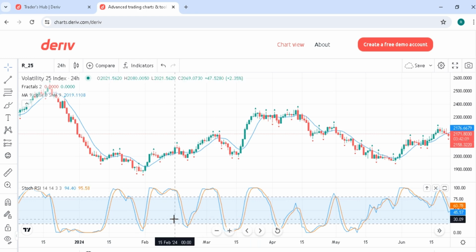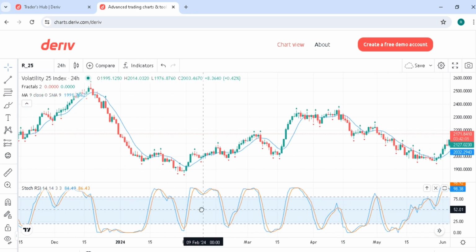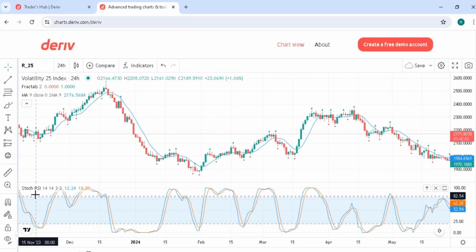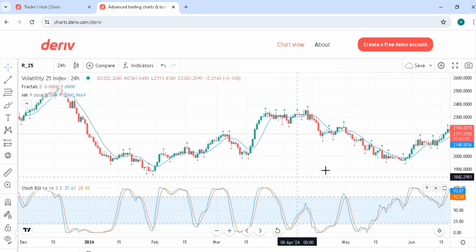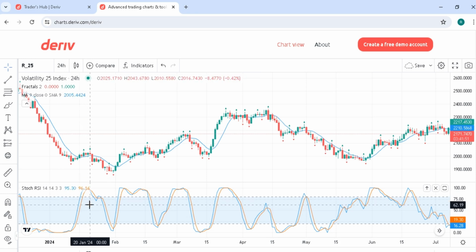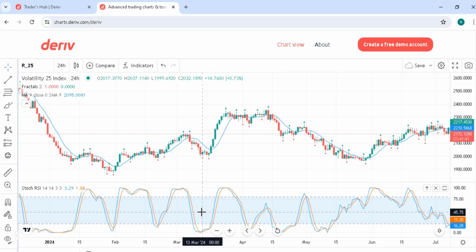So when you want to take trends in the stochastic RSI, you look at those points where the 2 lines have met, they have crossed, and they have started separating. So when they separate, you look at the trend that they are taking.